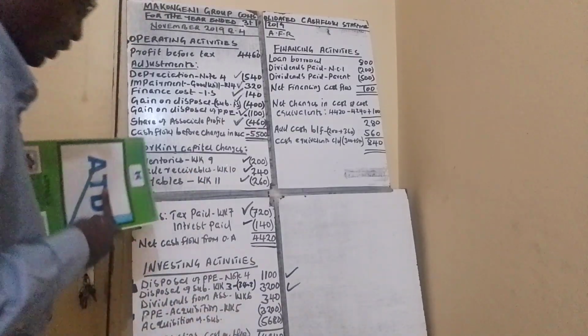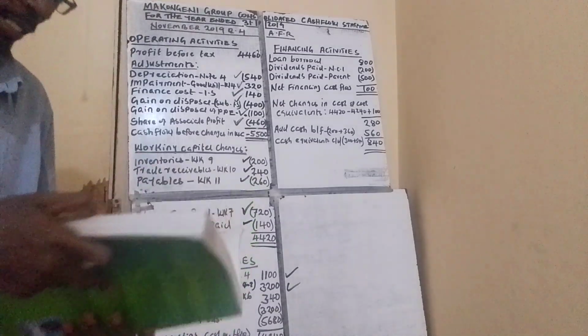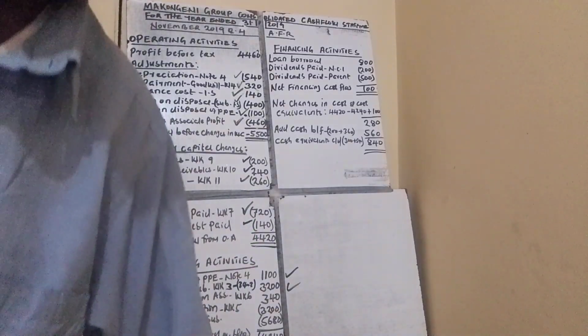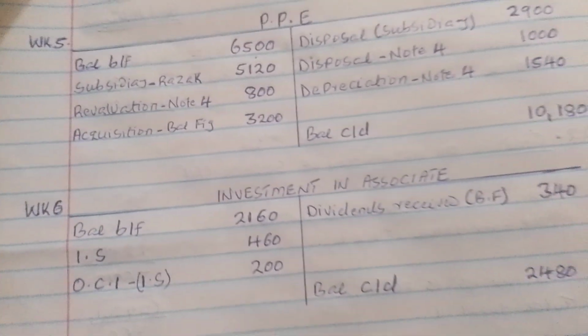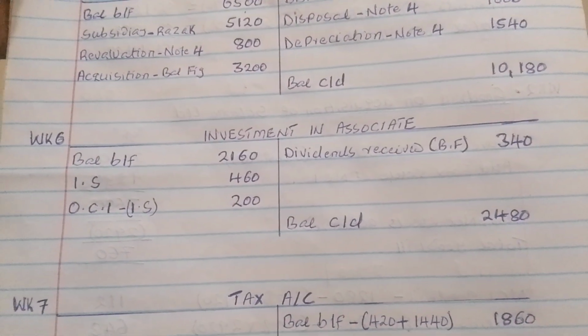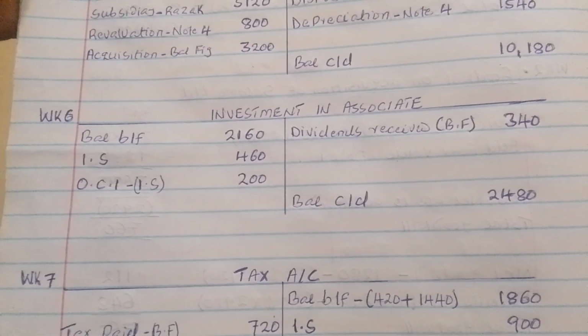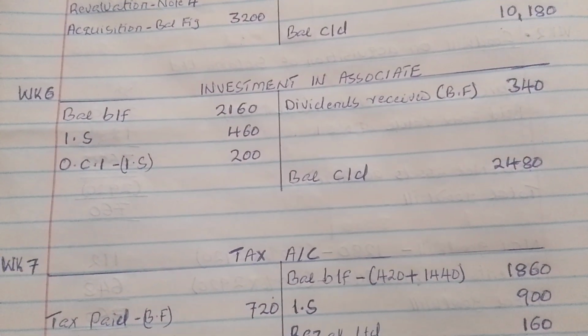Dividends from associates. Go to working number 6. You look at the investments. The balance brought forward has been given. Income statement, you see they paid them for 60.